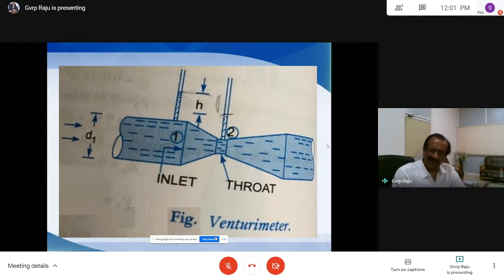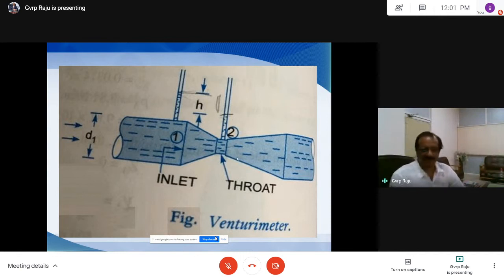For example, if you give a small distance, then what happens? The flow will be separated. There is a separation of the flow which causes eddies and huge energy loss.